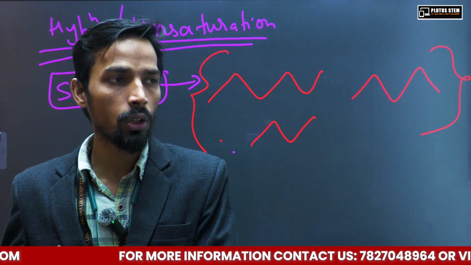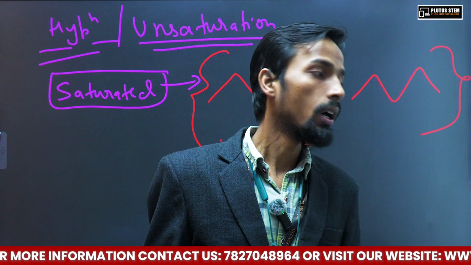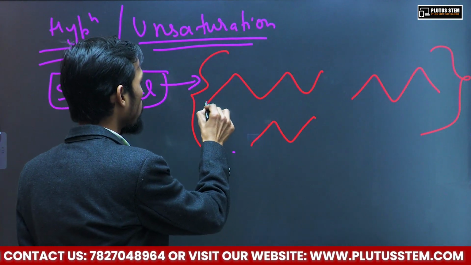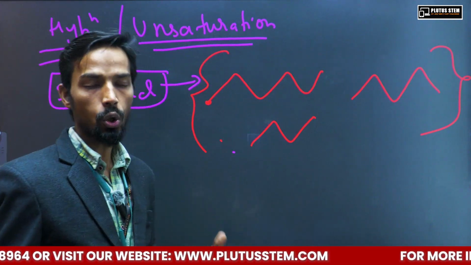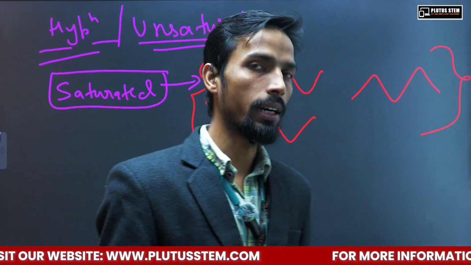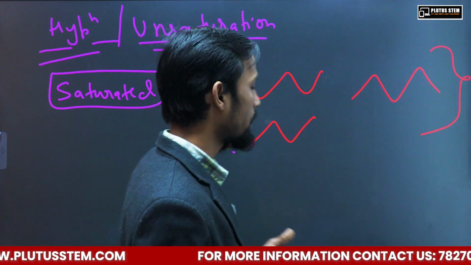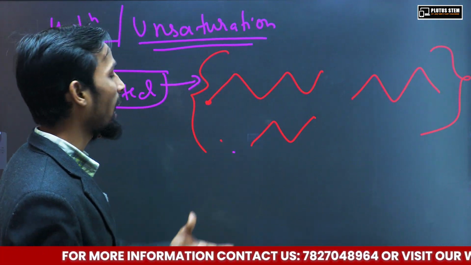In that we have discussed in quite detail all these bond line structures, how organic compounds are represented, what the dot represents, what the line represents. All this has been discussed in detail. The link will be provided below, and you can go over there and watch that video regarding the bond line notation of organic compounds.